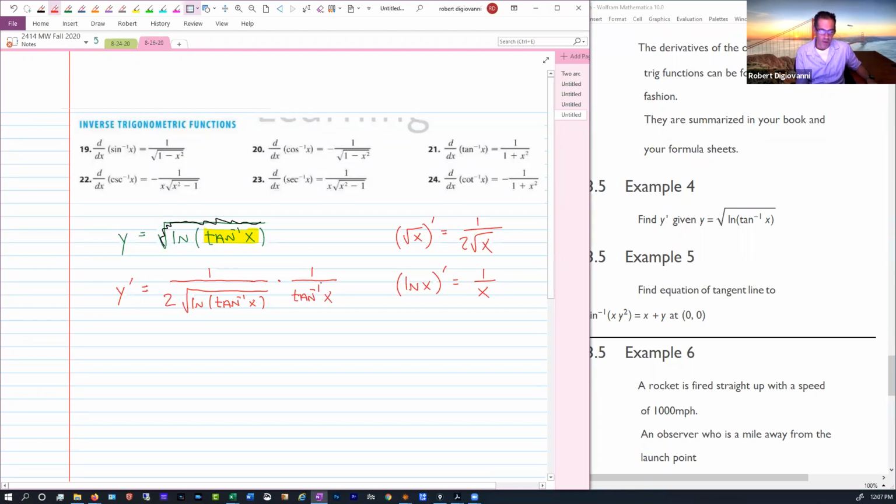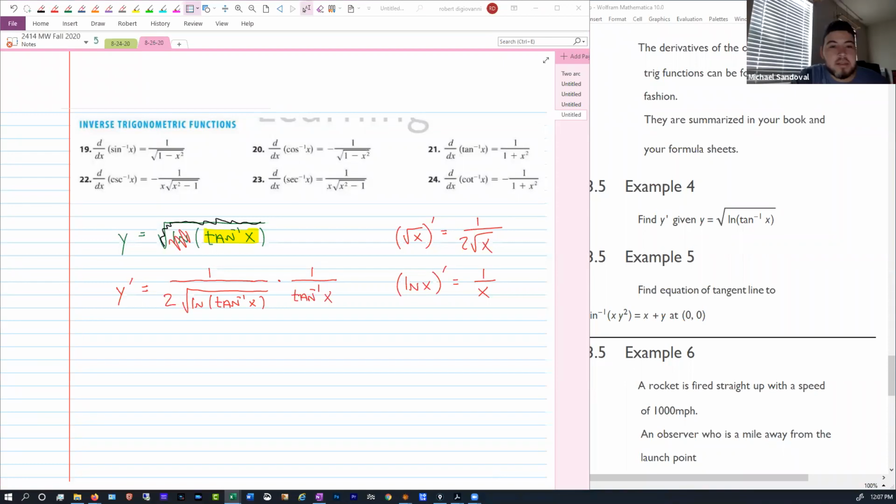All right, we aren't done. We've now taken care of the natural log part. We're at the last layer of the onion here. We want the derivative, and this is going to be Michael. Is Michael here? Yes. Okay, Michael, the derivative of arctangent of x.